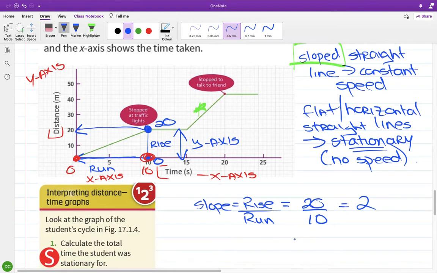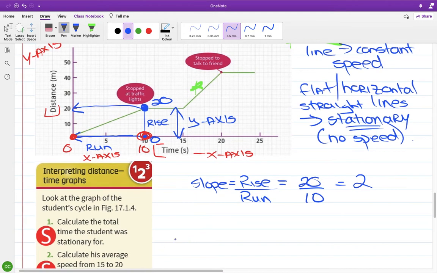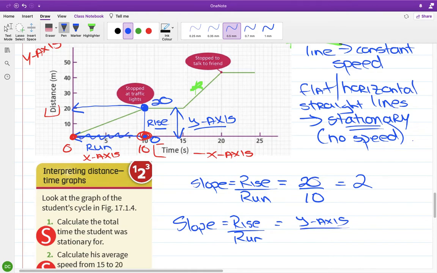Now, I just want to link this for you, and this is really tricky. I would have 5th and 6th years in physics and still struggle with this concept, so if you get this, it's brilliant. If I look at that slope formula, which is rise over run, I just said that the rise you read off the y-axis, and the run is horizontal, so you read it on the x-axis.